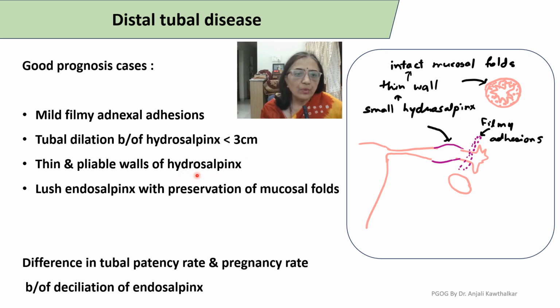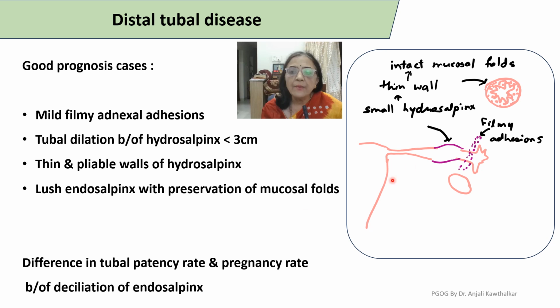Now, though we achieve patency with this surgery in the good prognosis cases, whenever we do tubal reconstructive surgery, there can still be a difference in tubal patency rate and pregnancy rate. This difference is because of the deciliation of the endosalpinx.